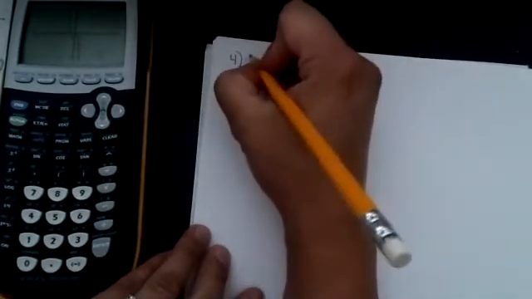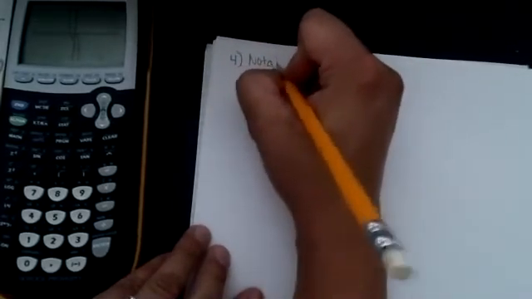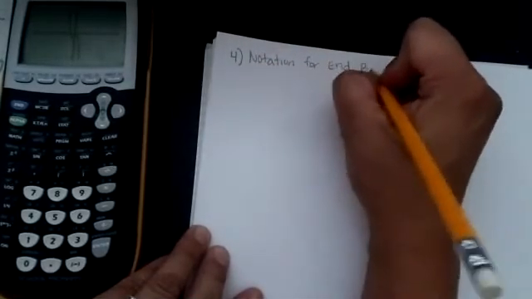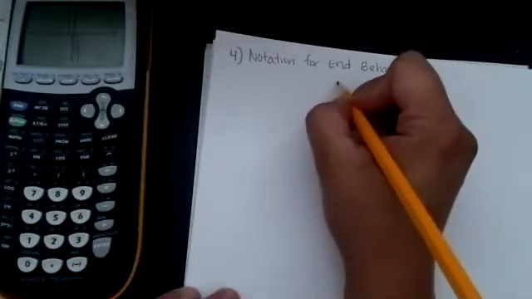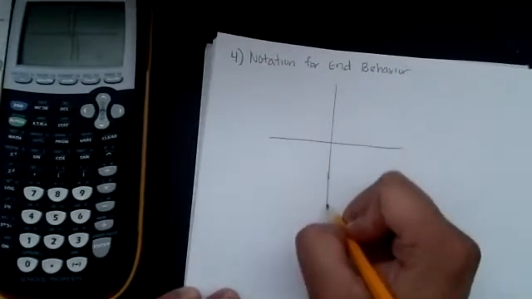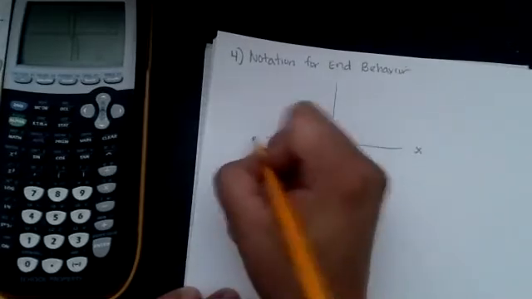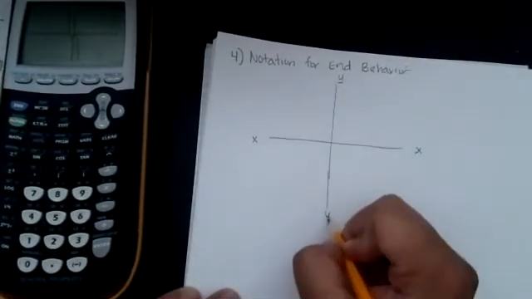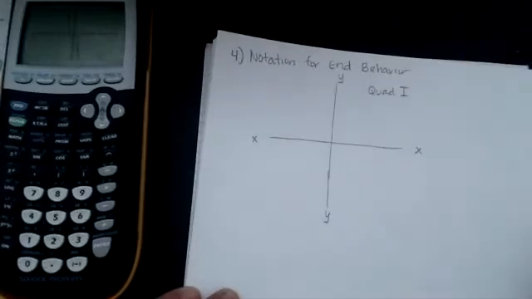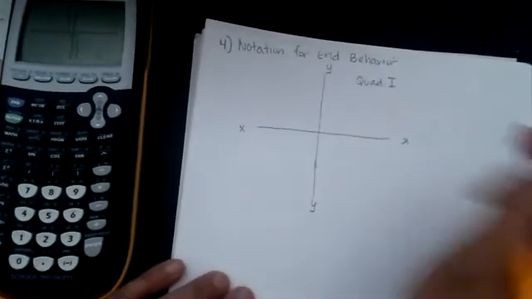Now, this is a notation for the end behavior. You have 4 quadrants when you're looking at the Cartesian coordinate system. This is your x-axis. This is your y-axis. This is called quadrant 1, and we use Roman numerals when we're listing our quadrants.